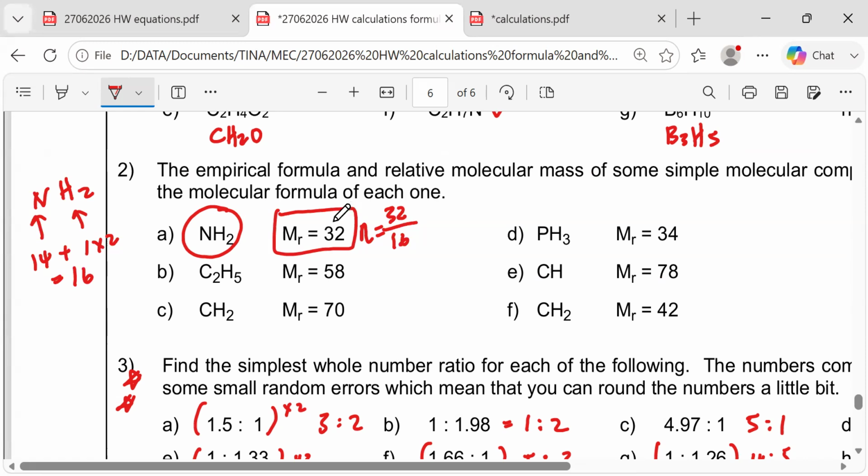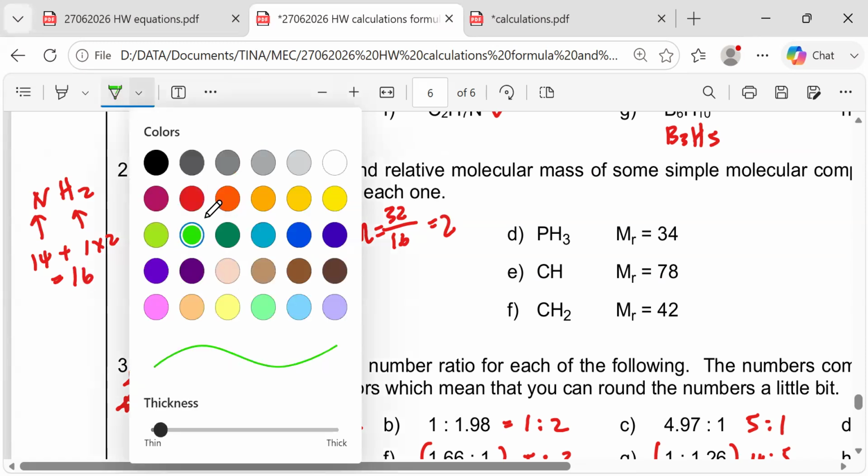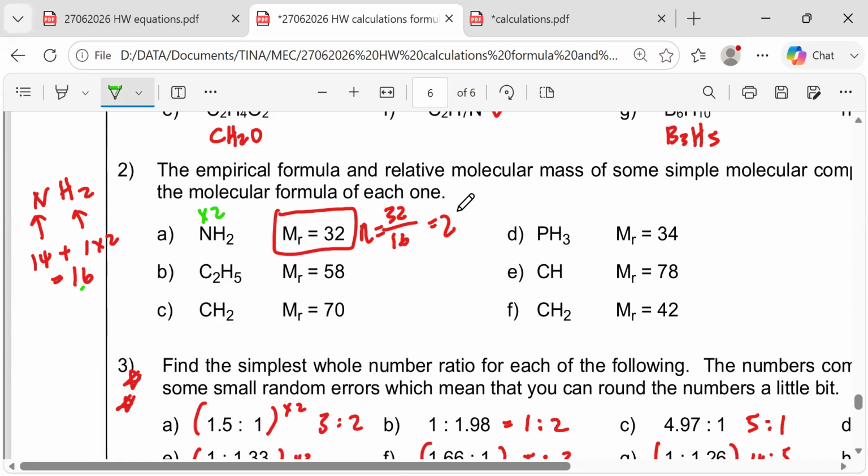So 32 is the actual one, 16 is the empirical formula mass, and then we get 2. So that means this empirical formula NH2 is multiplied by 2. So the actual formula here is N2H4. Can you understand how to do it?